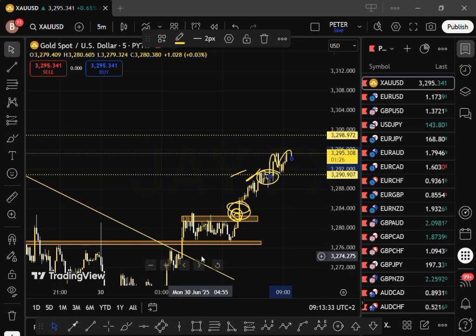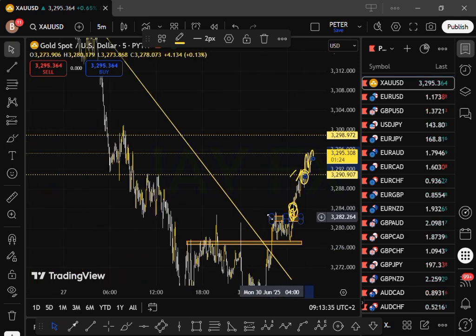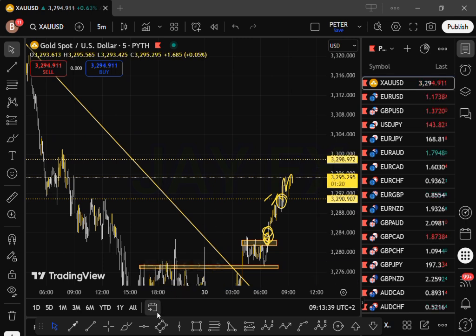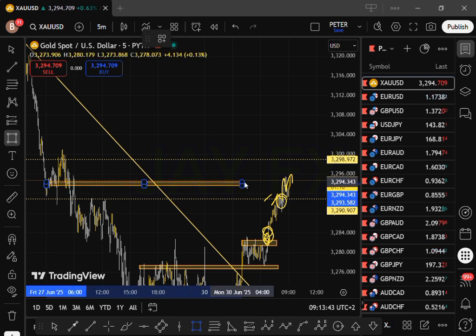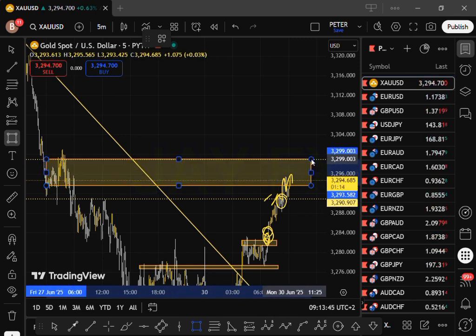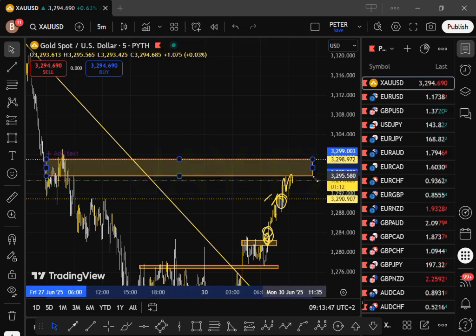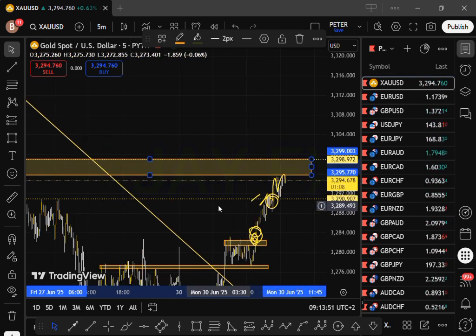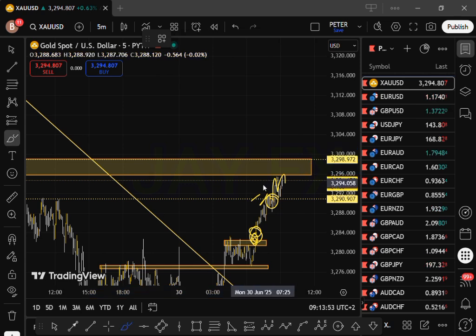So now what I'm going to do, guys, is close this, because there is a little bit of a difficult zone. This zone is going to be difficult to break. So I'm going to close for now so I can see what is going to be next.